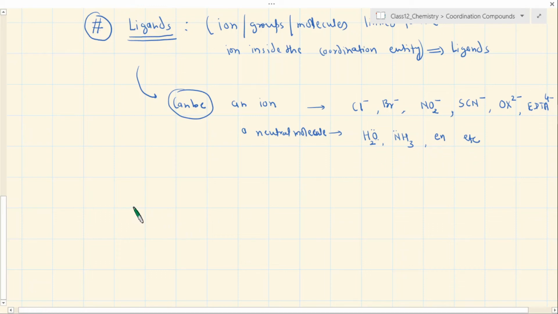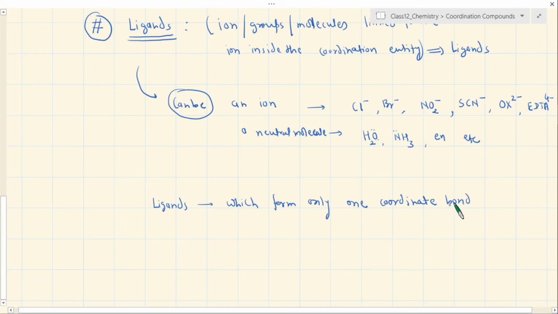So let me first say that there are ligands which form only one coordinate bond.